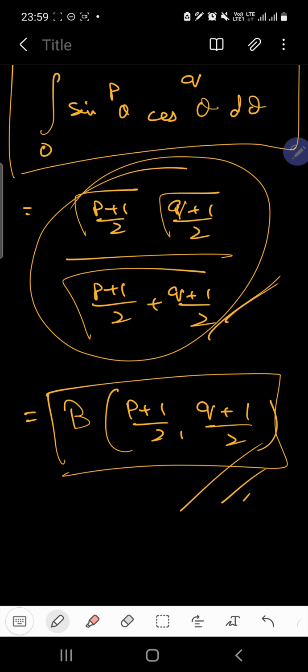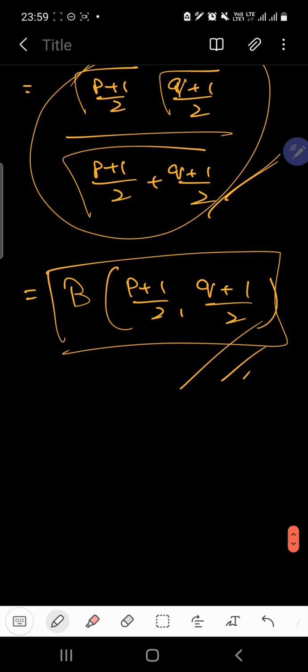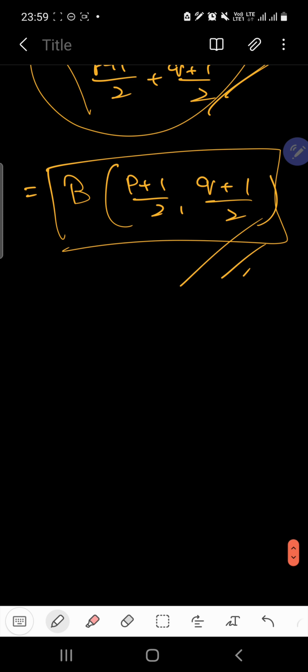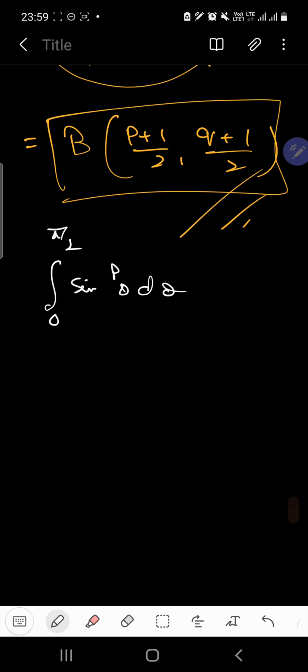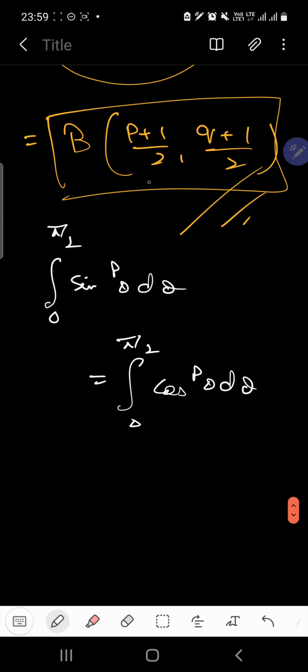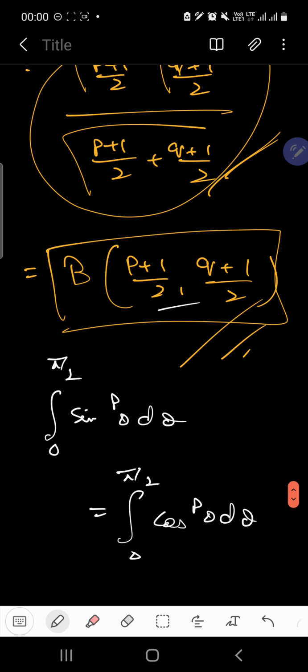Clear? So basically if your q equals 0, or your p equals 0, we are talking about this sort of integration, 0 to pi over 2 sine p theta d theta. You can also write it as cos p theta d theta. We can apply this here with q equals 0.